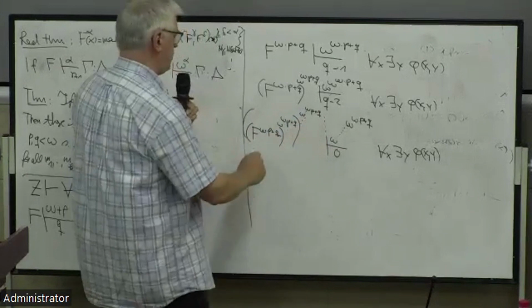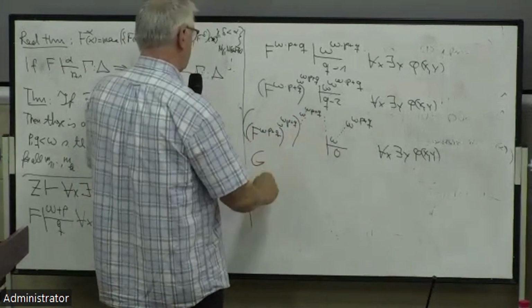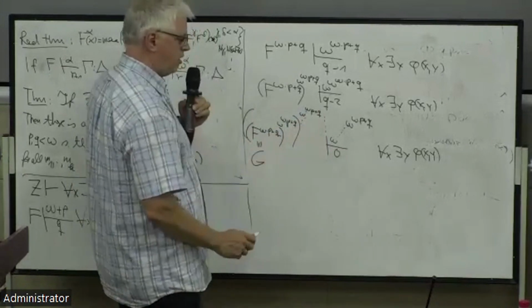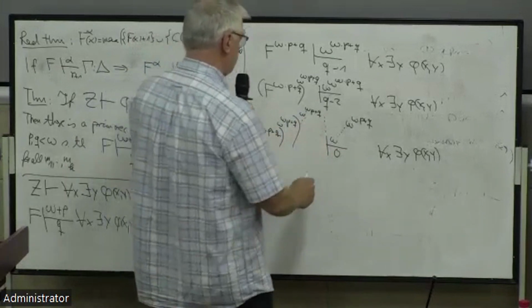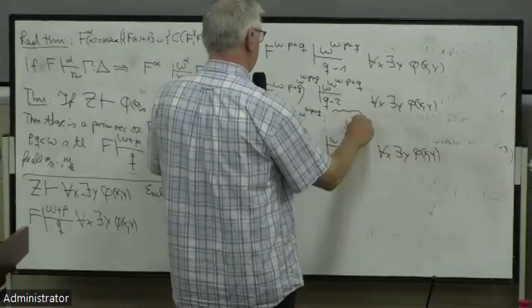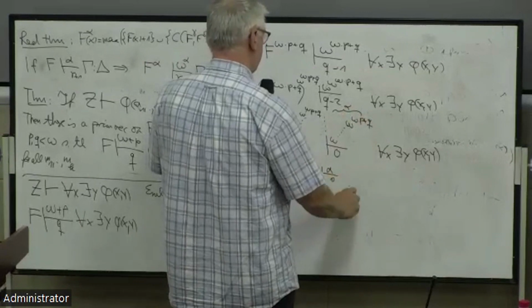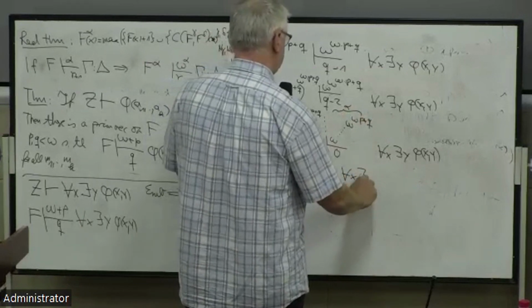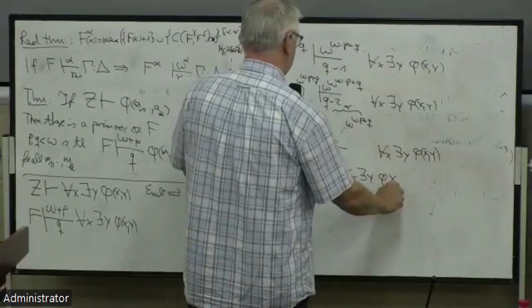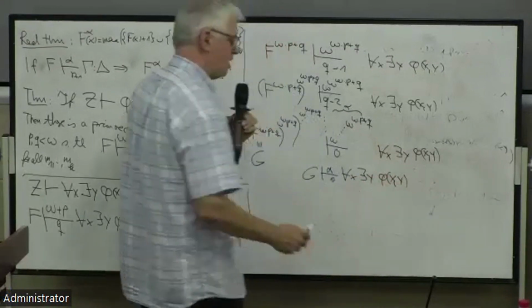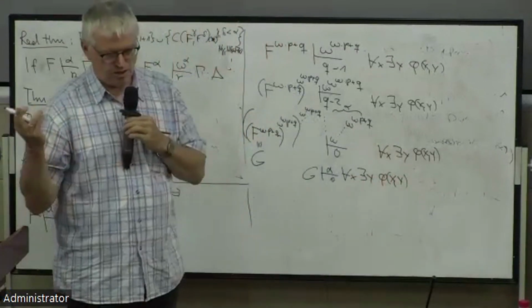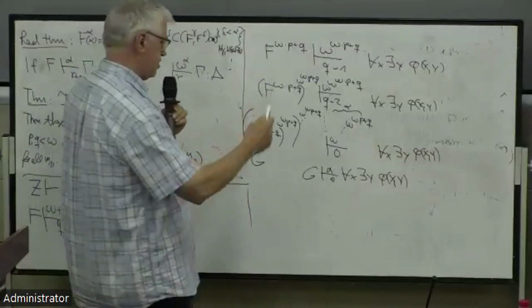Now call this operator here g, and call this ordinal alpha. Then finally we have g iterated alpha times at 0. For all x, there is a y, phi of x y. Now we apply our lemma or theorem from just ago.